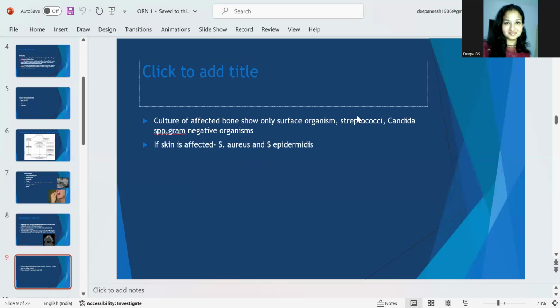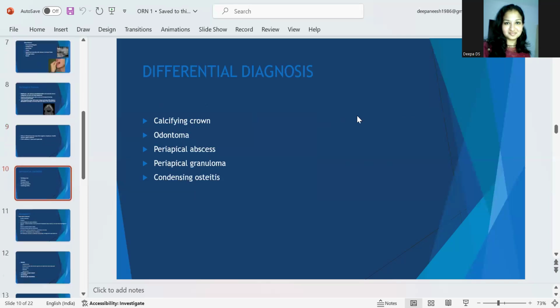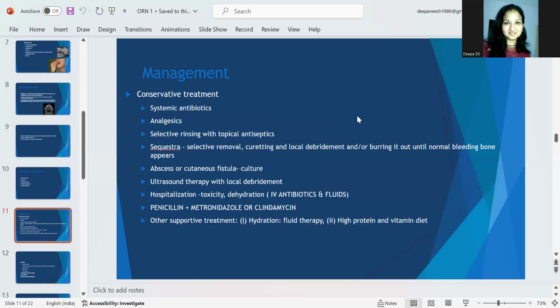If skin is affected, Staphylococcus aureus and Staphylococcus epidermidis are the cause. And the differential diagnosis includes calcified ground, odontoma, periapical abscess, periapical granuloma, and condensing osteitis.